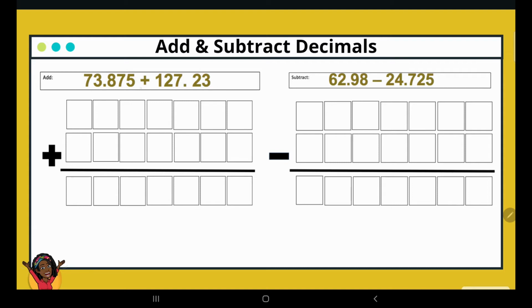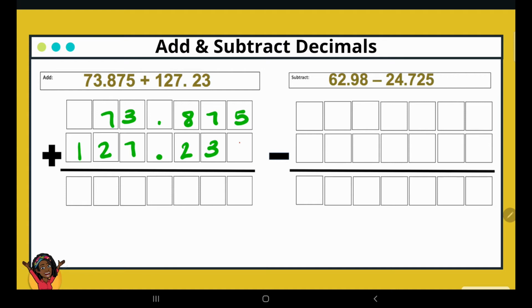So I'm going to write this one first since it has the most decimal places. And then now, when I look at the second number, I want to make sure that decimal point is in the same position. So I'm going to put it here. And then I'm going to put the 2, 3 behind it. And then the 7, 2, 1 in front. So this allows me to line up my decimal points and my places appropriately.